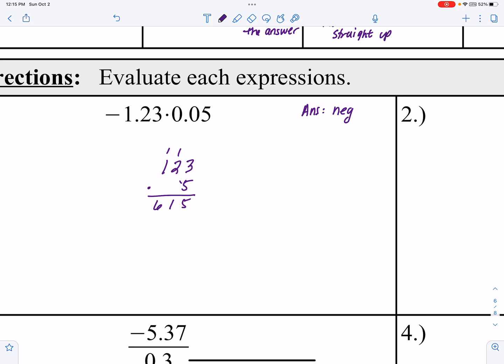And then I go to the original problem and I count over 1, 2 for this one, 1, 2 for this one. So 2 plus 2 is 4. So I'm going to start here and go 1, 2, 3, 4. So this is my new number, 0.0615.